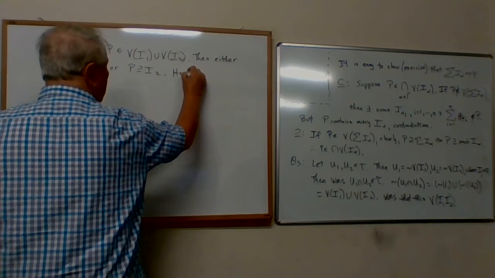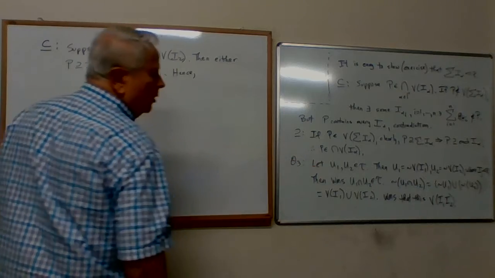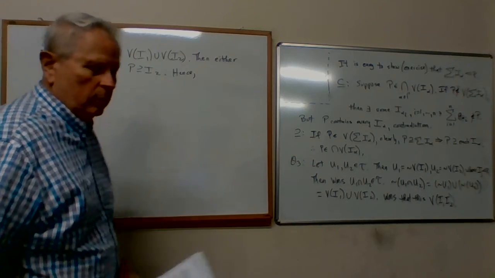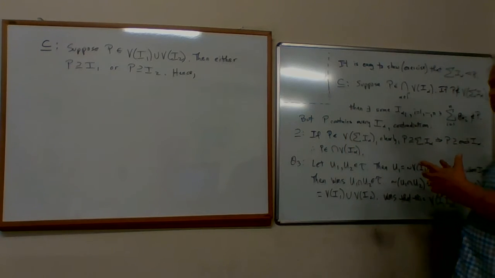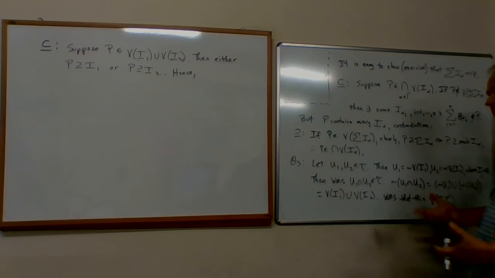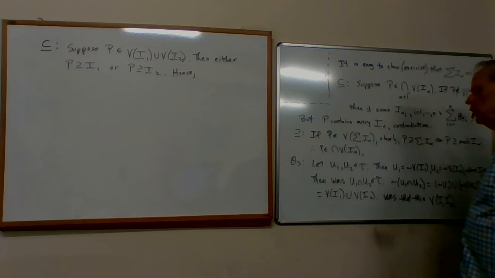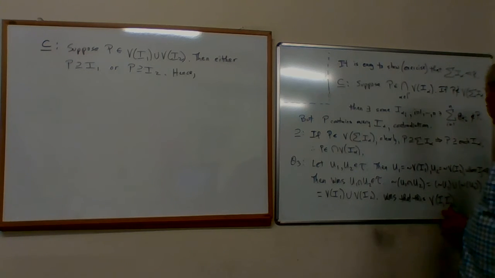Hence, if P contains I1, what about I1 times I2? Well, notice something. Since these are ideals, they suck in multiplication from anything in the ring, certainly from each other. So I1 times I2 lives inside I1. It lives inside I2. It lives inside the intersection. Might be smaller, but it lives inside the intersection. So if P contains I1, then P contains I1 I2, because this lives inside I1.